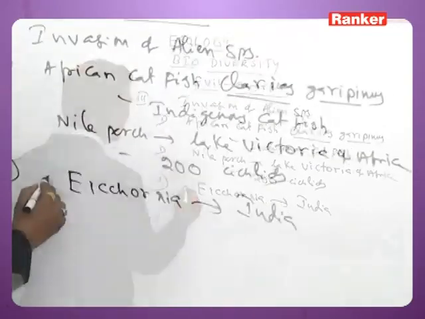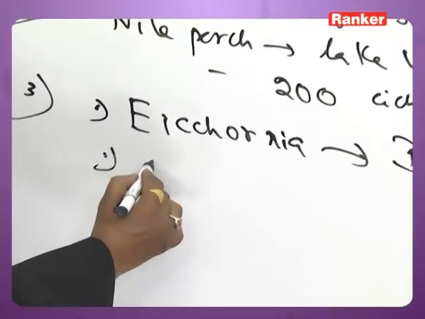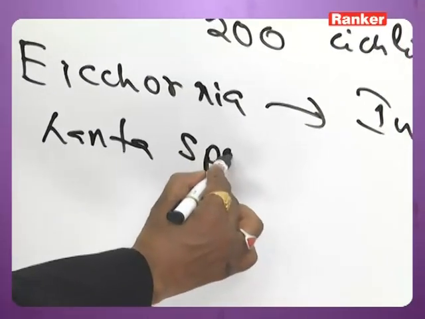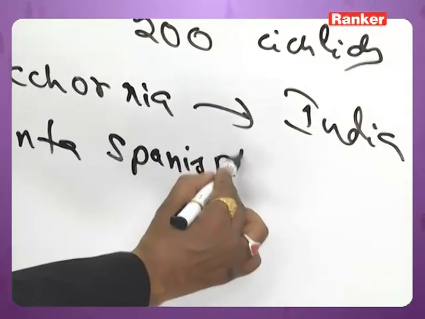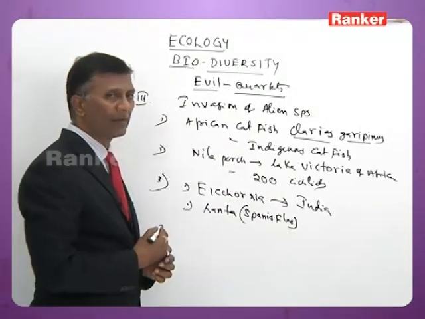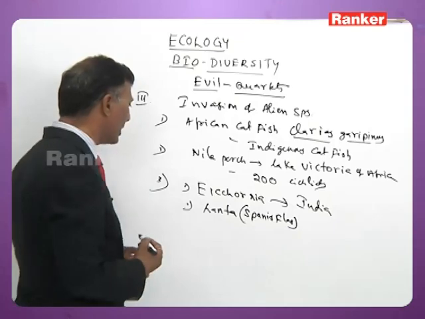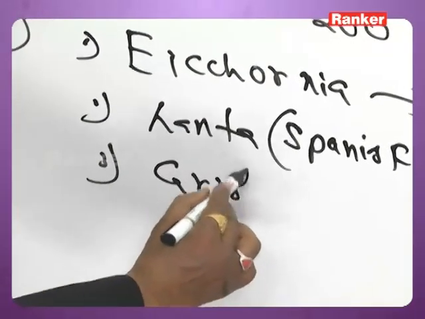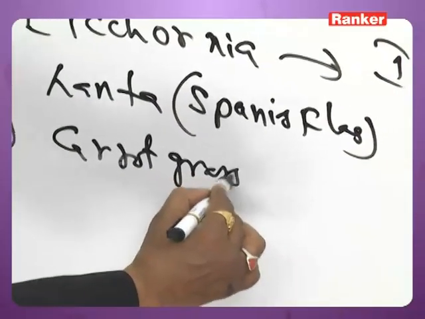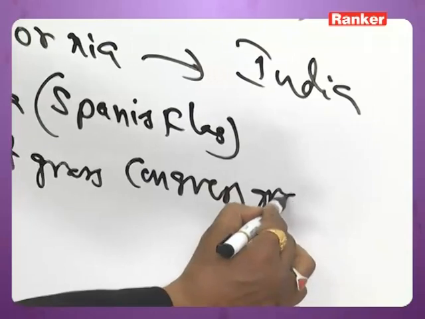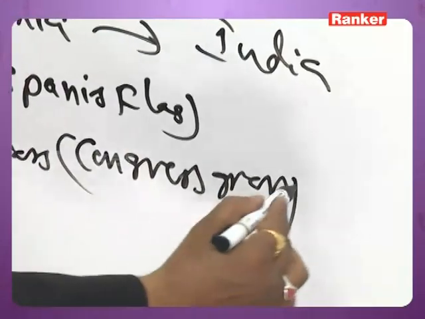Then the next one is lantana, commonly called Spanish flag. It is also a kind of exotic variety introduced in India. Number 3, carrot grass, also called Congress grass, that is Parthenium.